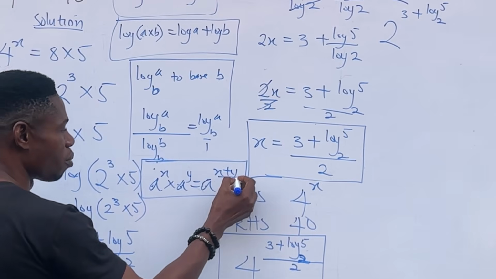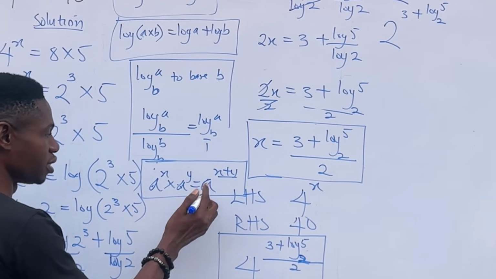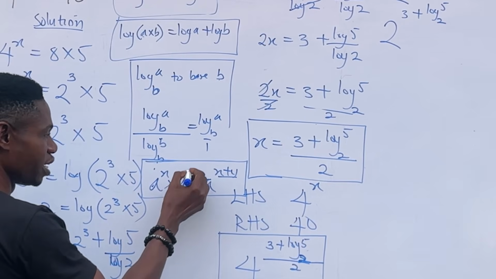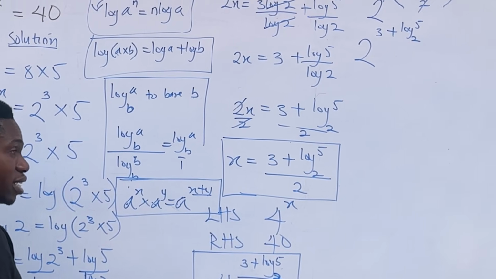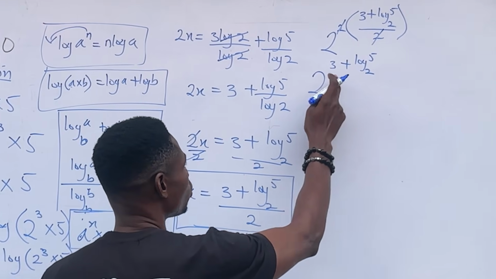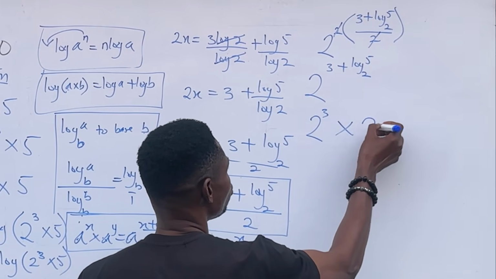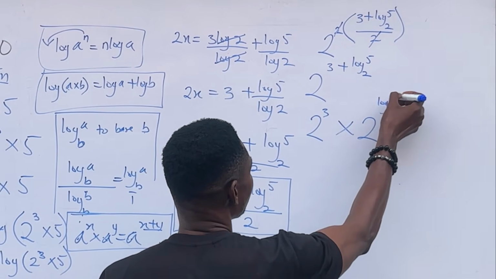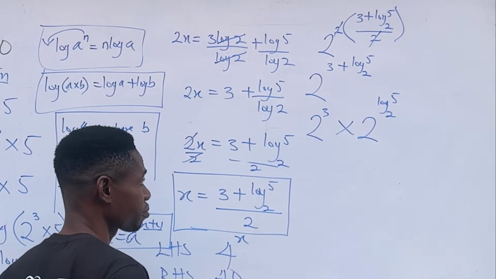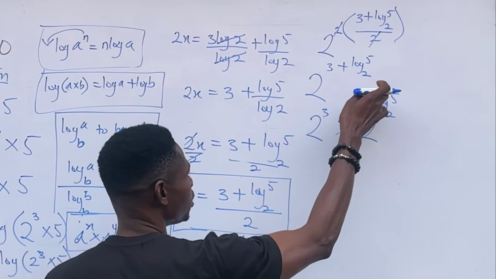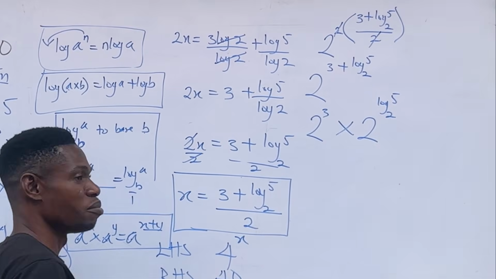If you have a sum as the power, you can break it into a raised to the first power multiplied by a raised to the second power. So we can do that here. This will give us 2 raised to the power 3 multiplied by 2 raised to the power log 5 base 2. Remember, if you multiply, you add the powers, so that's 3 plus log 5 base 2.